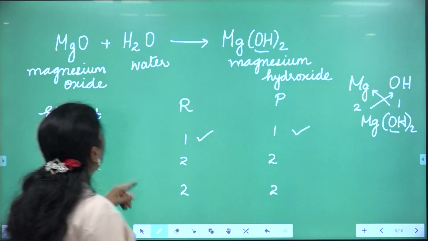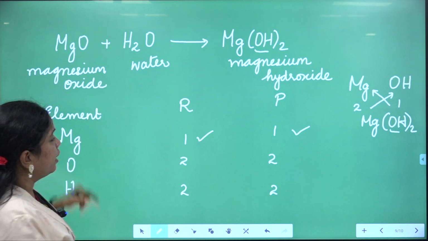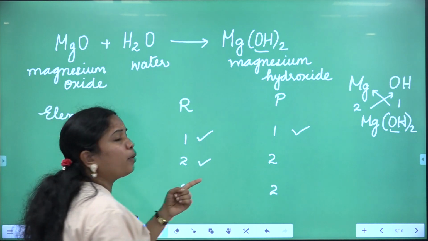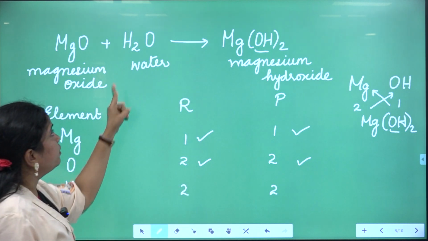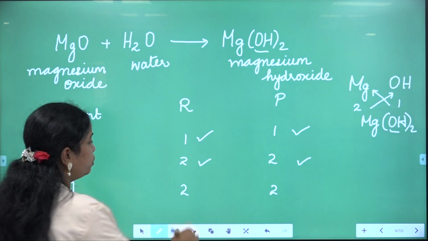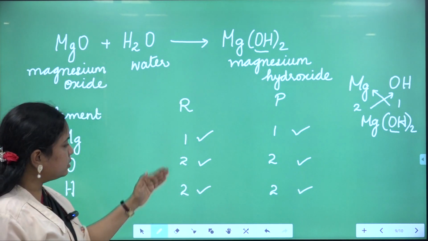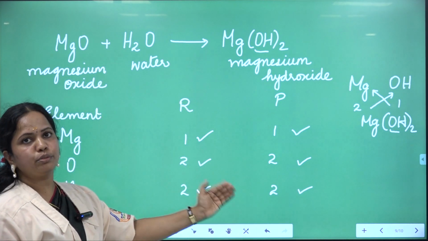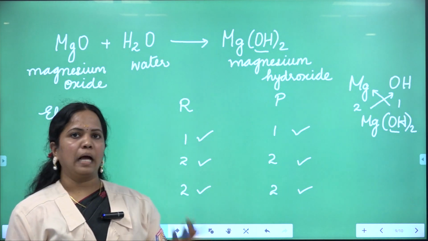Oxygen is 2 in the reactant side and 2 in the product side. Hydrogen is 2 in the reactant side and 2 in the product side. So the equation is balanced.